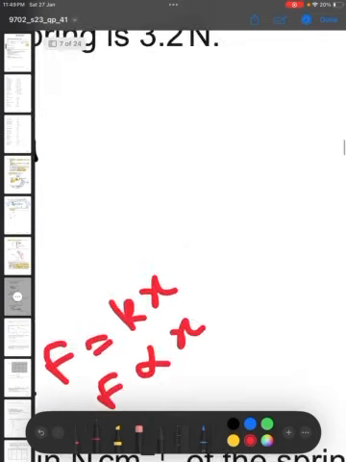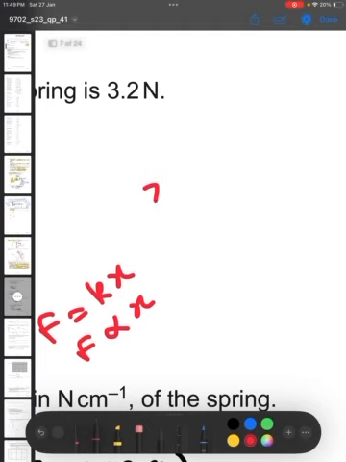Now, for context, let's say that F was 2 and x at that particular time was 1. If F is doubled, then it becomes 4, and x will also be doubled to become 2. And if F is tripled, it becomes 6, and x is also tripled to become 3.